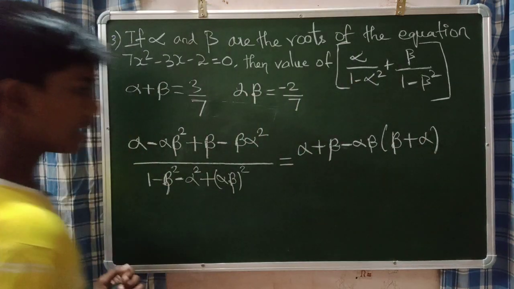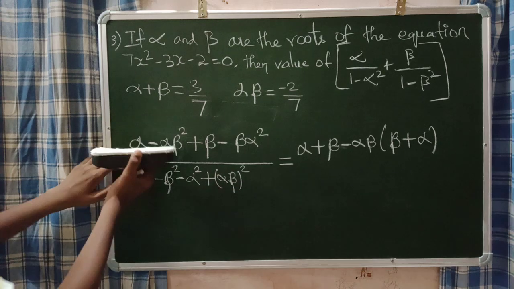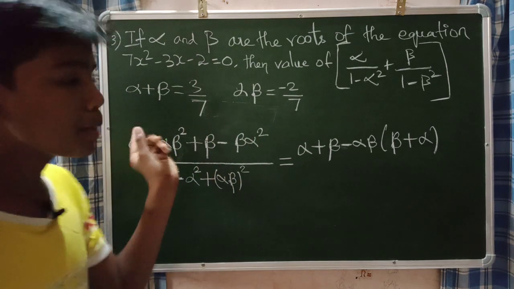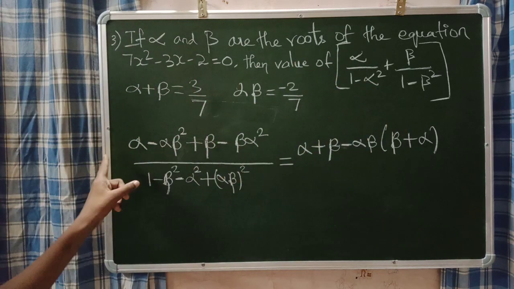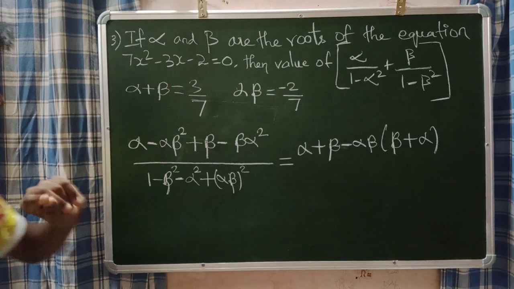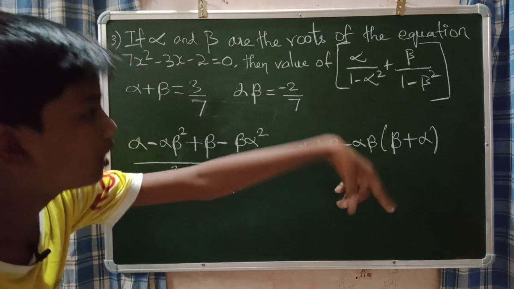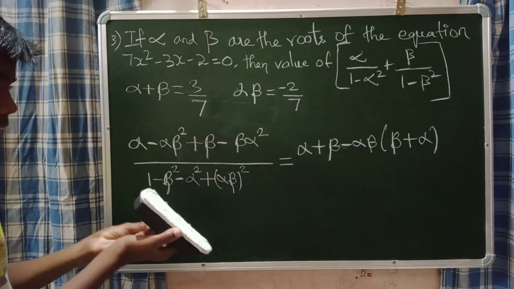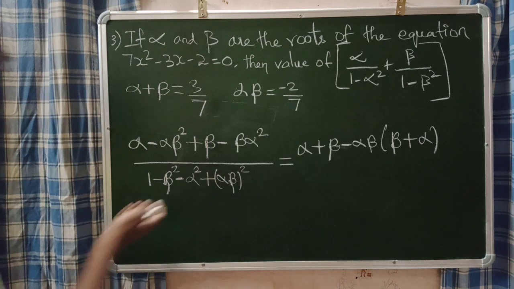This is what you will be getting now. What I'm doing is just adding, guys, because we know the sum and product of the roots, so we need to get values based on them. So I'm getting alpha plus beta minus alpha beta into (beta plus alpha). When you do it also, you will be getting it like this, guys. Okay, that's all. Now what will be the denominator?